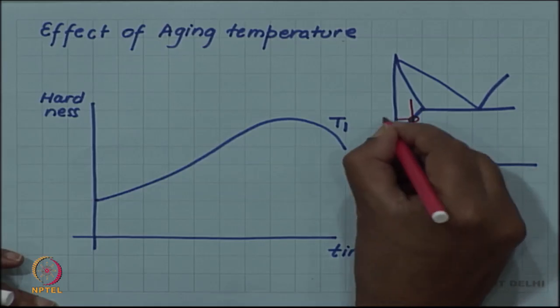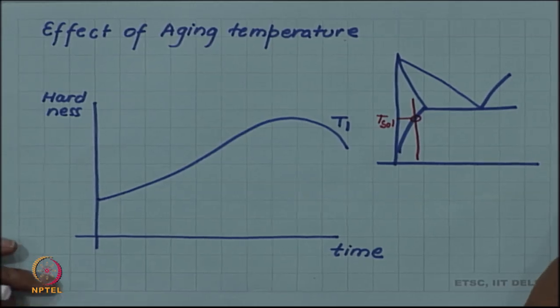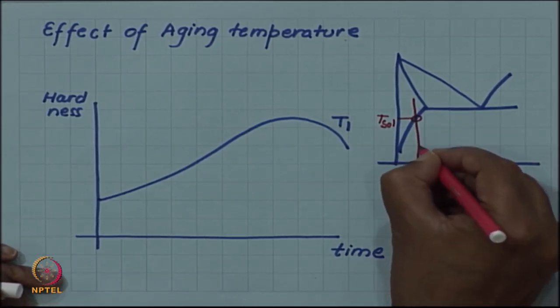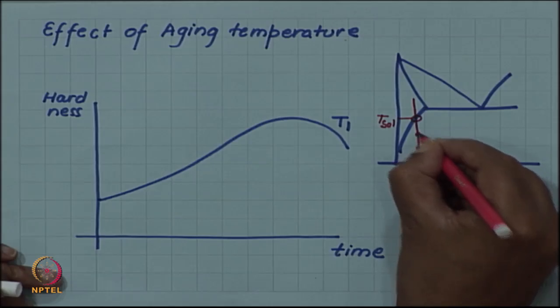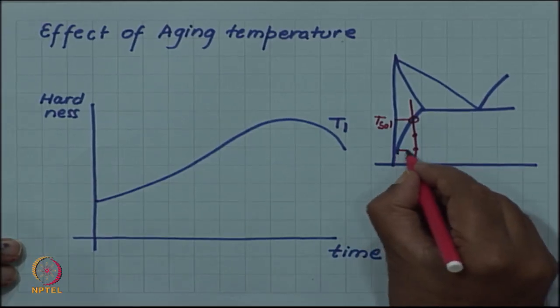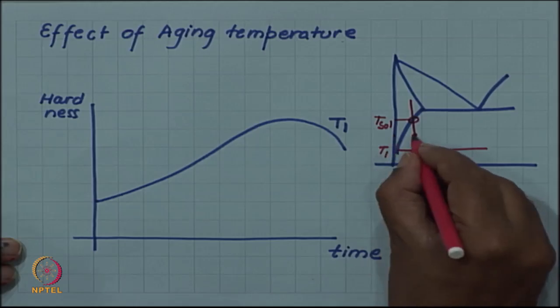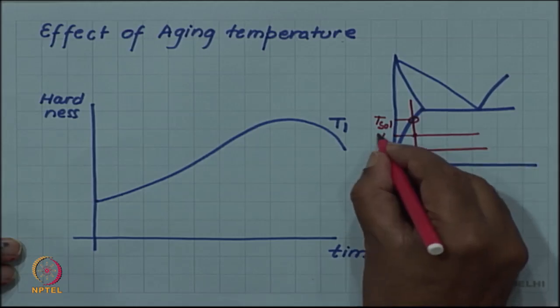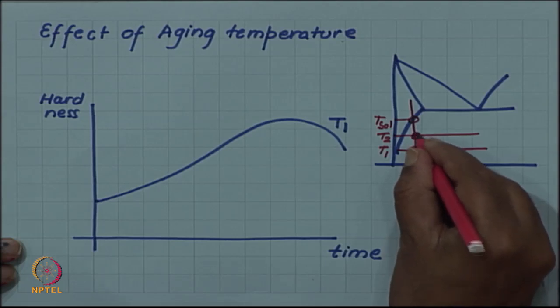So, you are below the solvus temperature, and aging has to be done below the solvus temperature, but you can choose different aging temperatures. So, I can choose a temperature T1, or I can choose a temperature T2 at which I age my alloy.